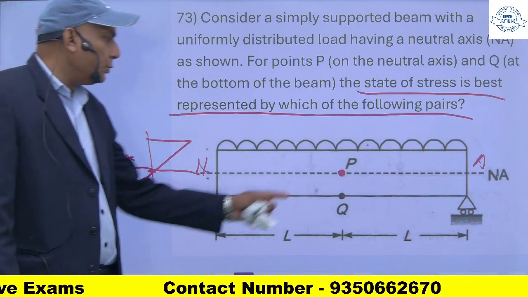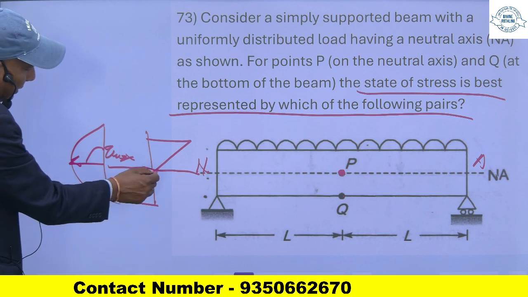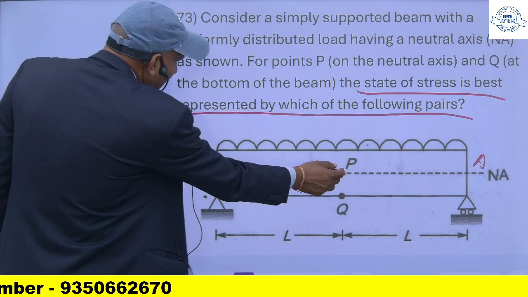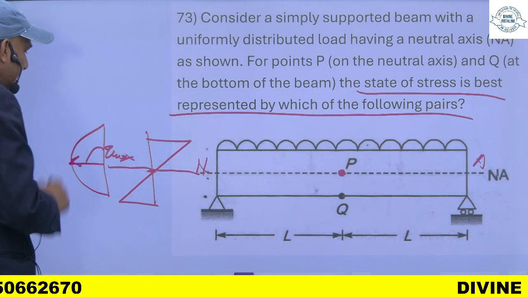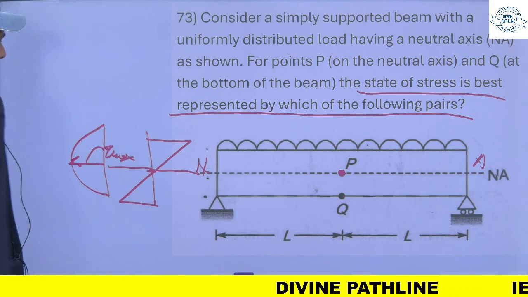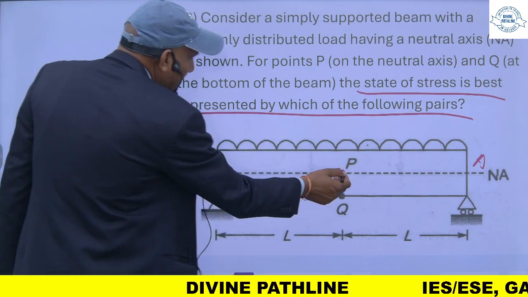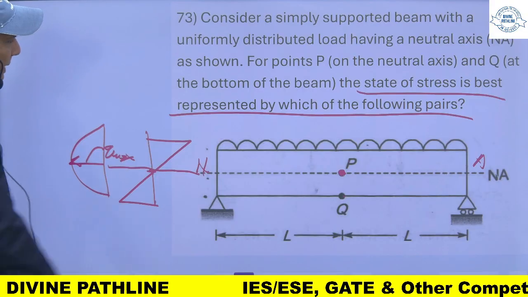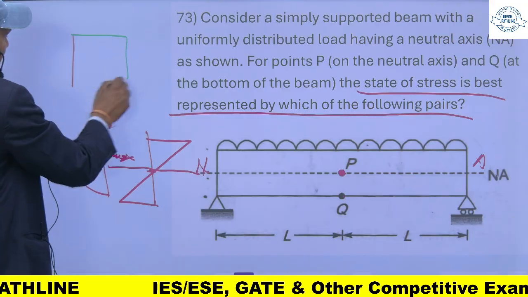This is lying on the neutral axis, where there is neither compression nor tension, so those stresses are 0. Only shear stresses are there, so it is a case of pure shear. As shear stress cannot act singly, it will be accompanied by complementary shear stress like this.